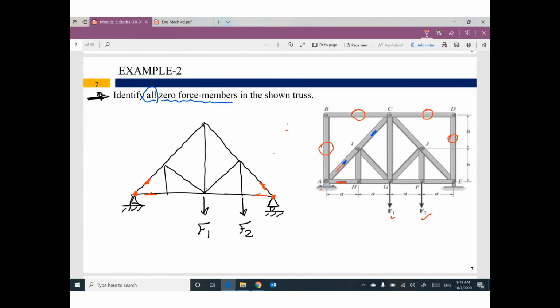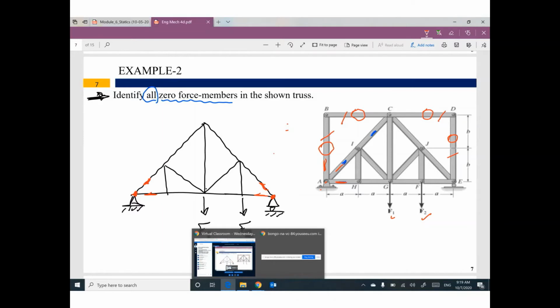Yes, I know, at the beginning. But right now, after I deleted these four members because they are 0, joint A became 2 members only. So the first condition is good.